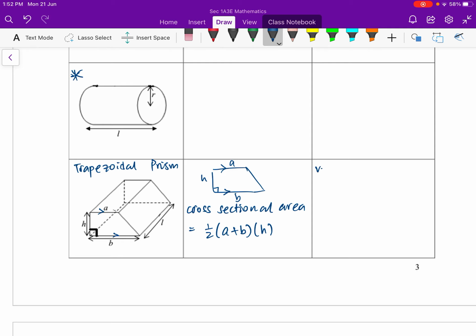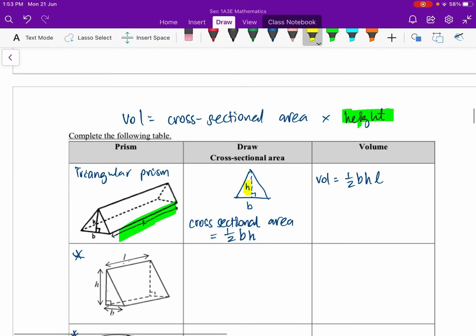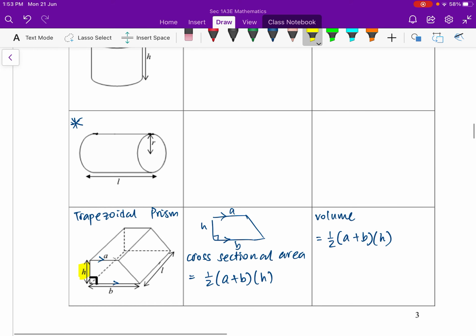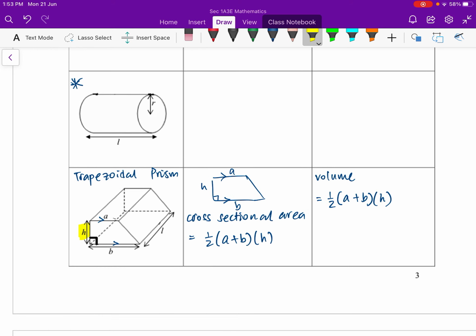Then we move on to the volume. Our cross-sectional area, which we found, half times A plus B times H, is multiplied by the perpendicular height. Again, a little confusing because we've got a perpendicular height for the trapezium, and then we've got the height for the prism. In this case, our height for the prism is L. And this is our answer.